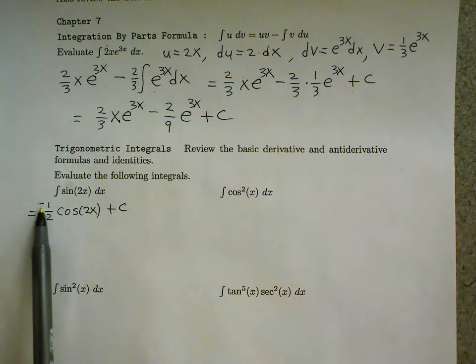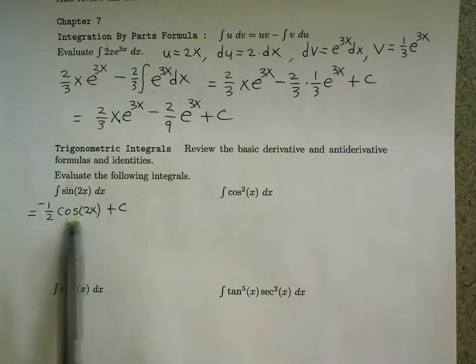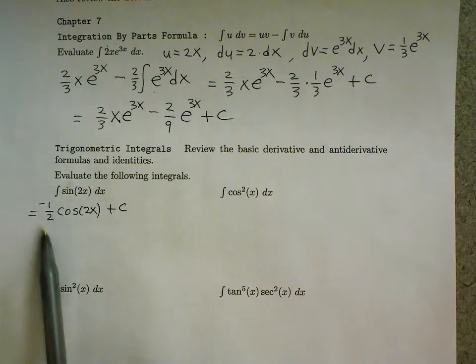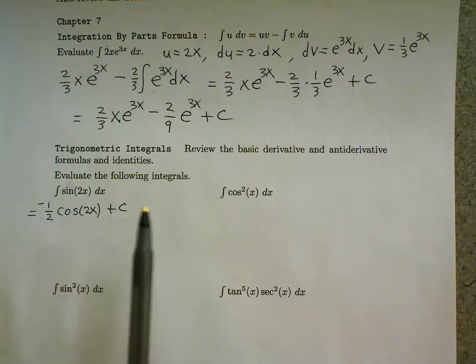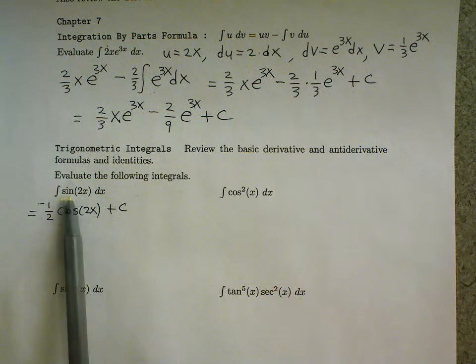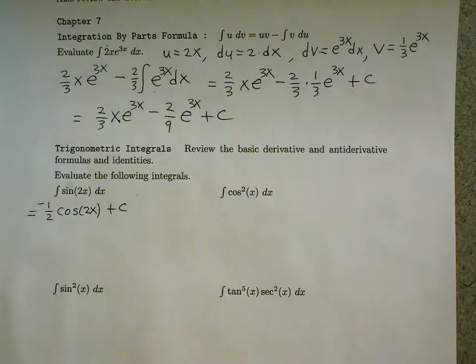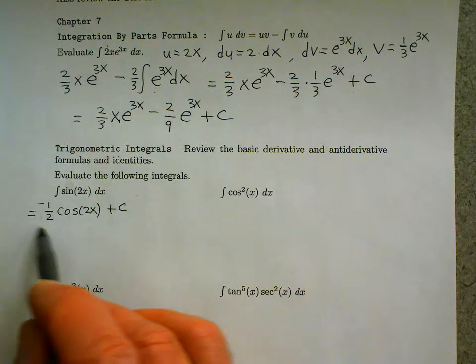So the antiderivative has to be negative 1/2 cosine of 2x, because when you compute the derivative of negative 1/2 cosine of 2x, you get the negative of a negative sine of 2x. So you can do that in one step.